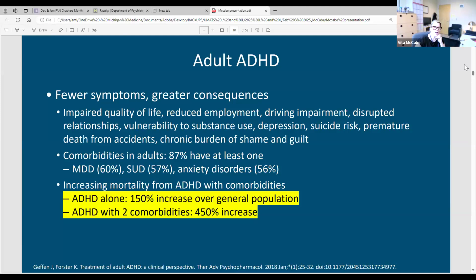Anxiety disorders are highly common. I think the thing that is most important is that if you have ADHD alone with no comorbidity, mortality increases 150% over general populations. With two comorbidities, it's a 450% increase. And so ADHD in and of itself is challenging. Next slide.